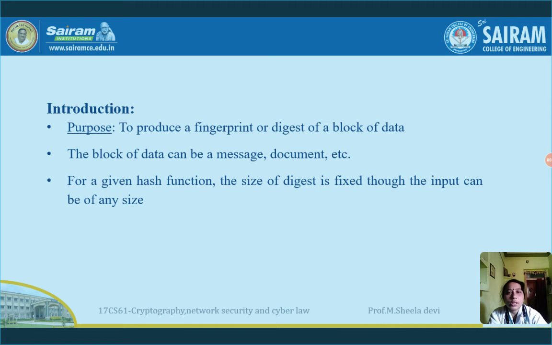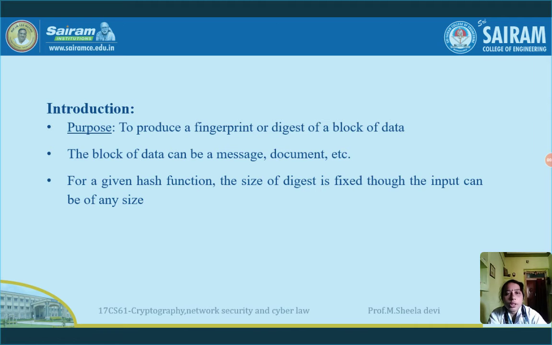Using hashing, we convert it into a fixed size value, which is called the digest. So the input of the hashing is the message and the output of the hashing is the message digest, which is of fixed length.